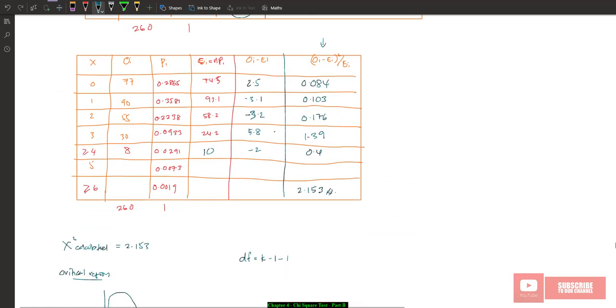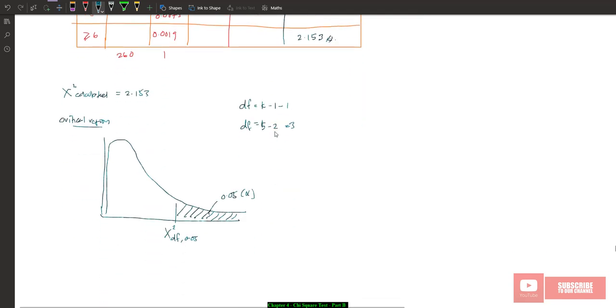So now by looking at this, we have basically 1, 2, 3, 4, 5 classes. So our k is equal to 5, minus 2, which means our degree of freedom now becomes 3, right? So chi-squared with 3 degrees of freedom with alpha 0.05 is equal to 7.815, right?